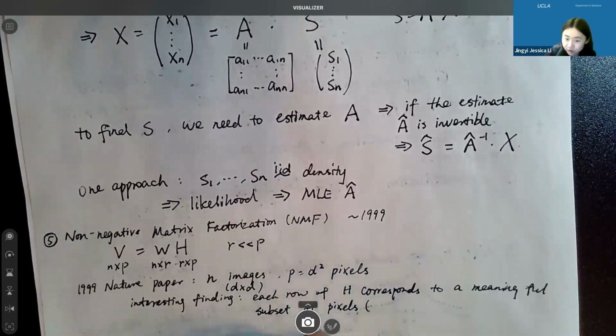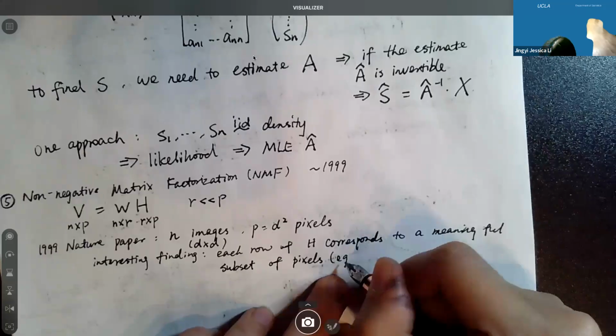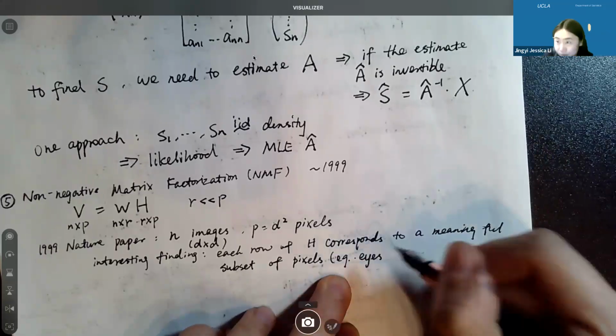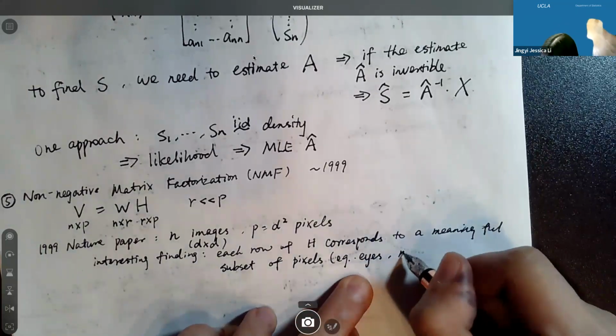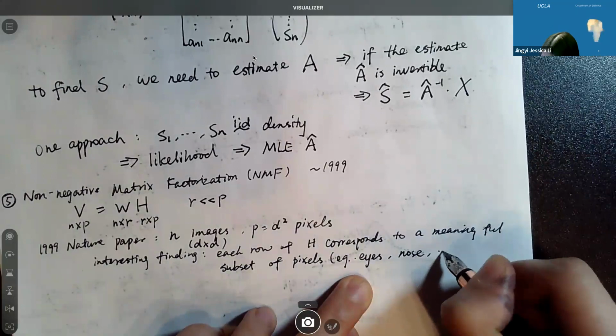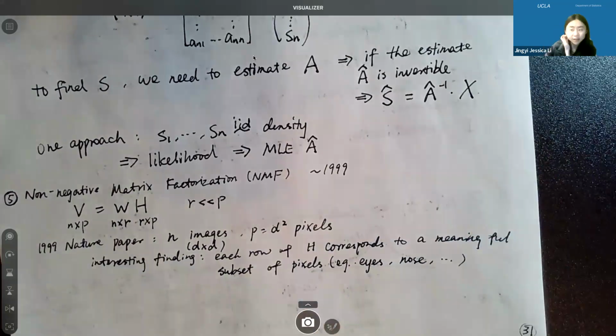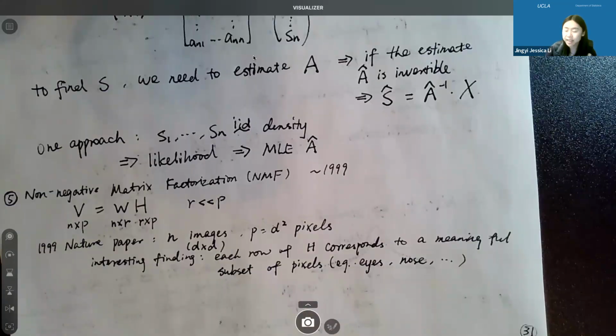For example, one row of H may correspond to the eyes of each person, the eyes region, and another set of pixels may correspond to the nose, etc. Therefore, this gives you a very nice interpretation of each new dimension, because each new dimension is a meaningful combination of the original features.